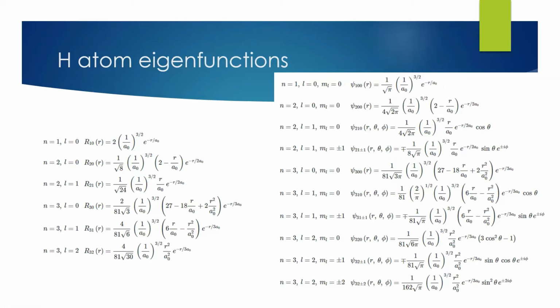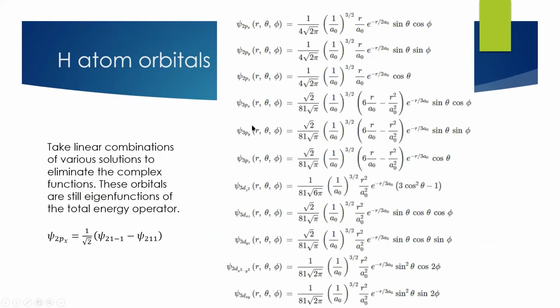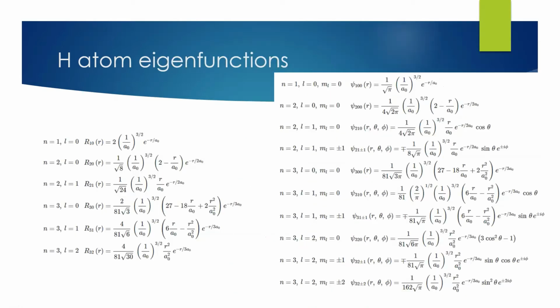Note that just like for the rigid rotor, these functions are complex if m sub L is not 0. And what we can do for this, just like we've seen before, is take linear combinations of these to build up real functions. And when we do this, we actually get to the orbitals. So this is done for the s orbitals here. If we go back a slide, these 0,0s are the s orbitals.